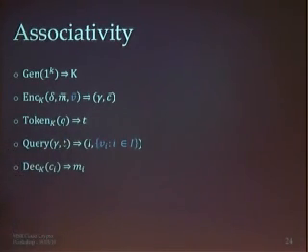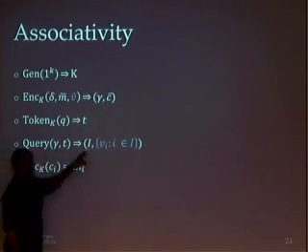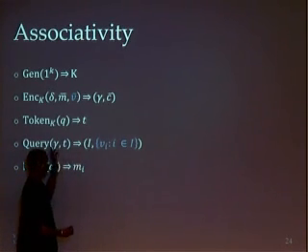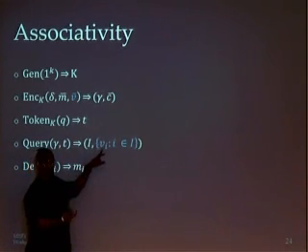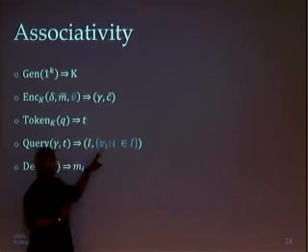For M1, I have V1. For M2, I have V2. And what's the point of doing this? The point is that when I run my query algorithm on the encrypted data structure and the token, I'm not only going to get the pointers into the data items that are relevant for this particular query, but I'm also going to get the associated data. And I'm going to get this in clear text, so it's not encrypted.